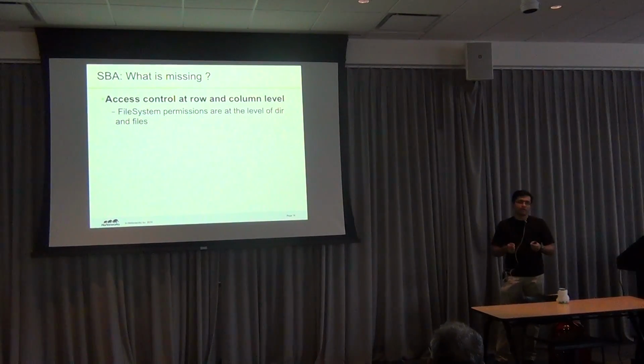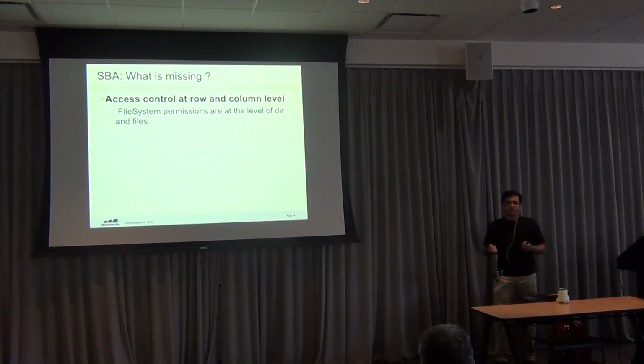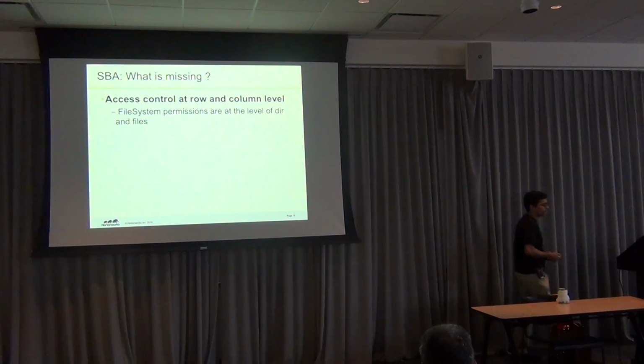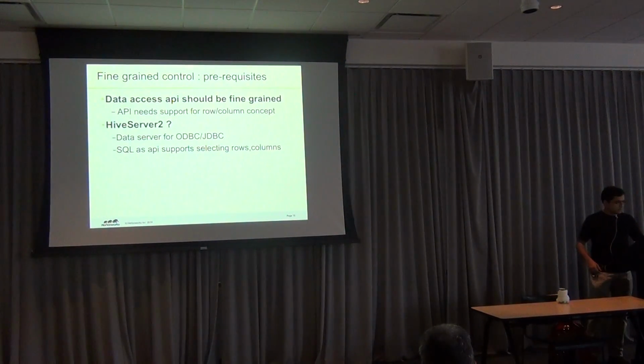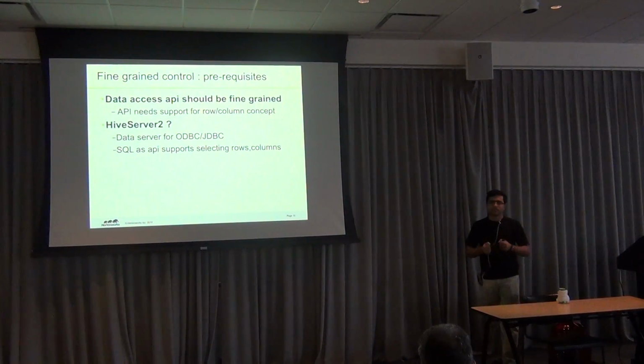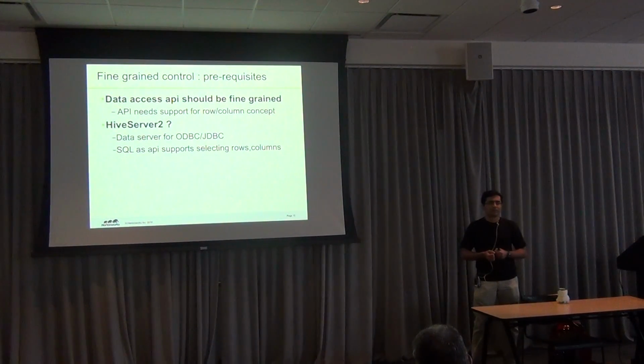But what if you need to authorize access based on either columns or rows? That is not possible with storage-based authorization because the permissions are not that granular. But some organizations require such finer-grained access control.